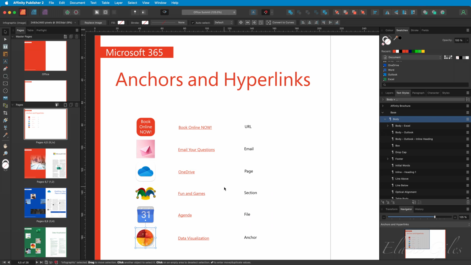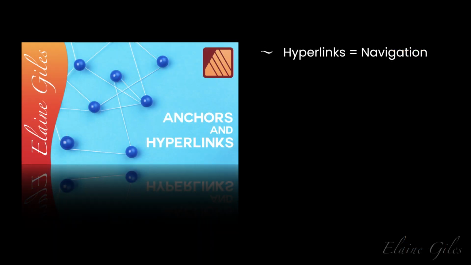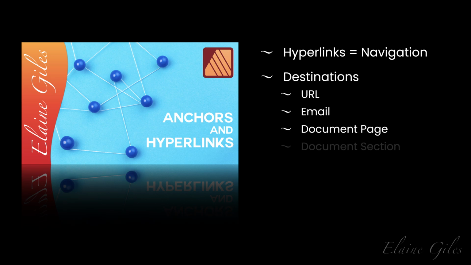But there you have it, anchors and hyperlinks in Affinity Publisher. They are incredibly powerful. Just remember, you need your digital output as a PDF to make them work. Let's have a quick recap. Hyperlinks allow you to build navigation into your documents. You're able to link to URLs, email, document pages, document sections, even external files, but that didn't end well, did it?